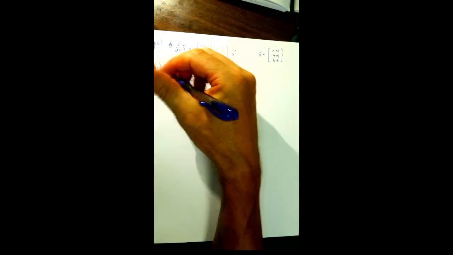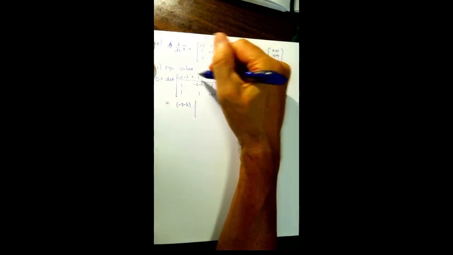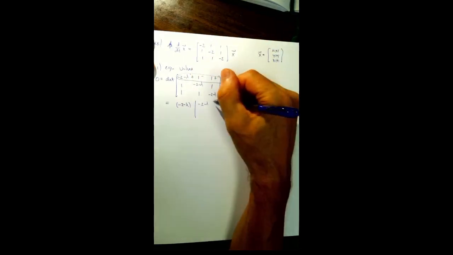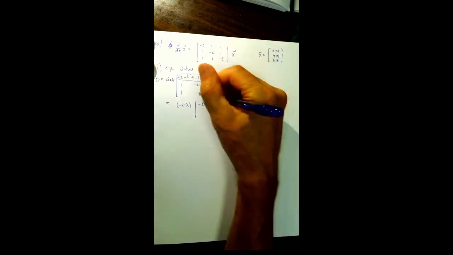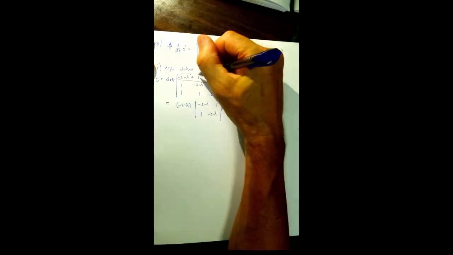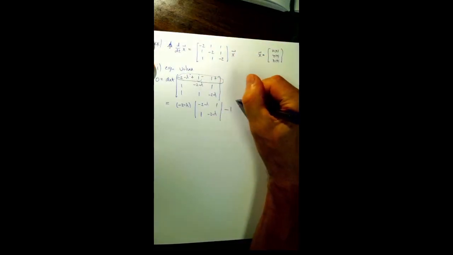So it's going to be minus 2 minus lambda. And if I remove the first row, first column, I'm left with minus 2 minus lambda, 1 for the first row, then 1, minus 2 minus lambda for the second row. Now for this term, so it's plus minus 1.